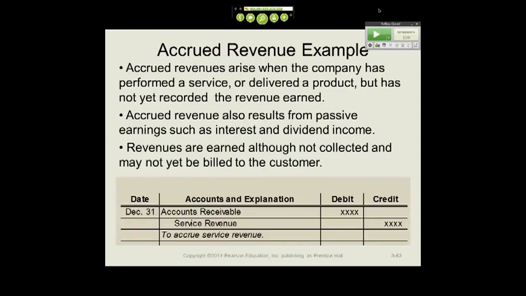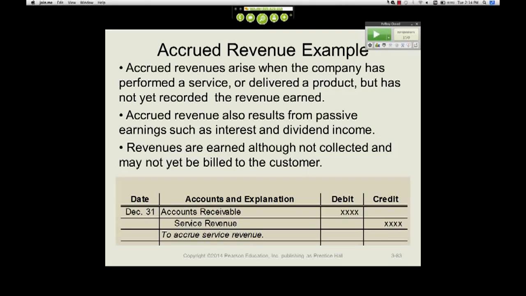So accrued revenues are revenues that are earned, they're uncollected and unrecorded at the end of the accounting period.